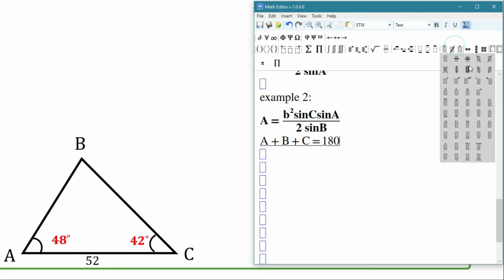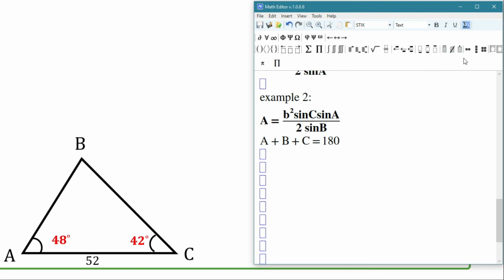180 degrees. Okay, since we are given that angle A is equal to 48 degrees, so we'll have 48 degrees plus, since we are after the value of B, we'll leave B as it is, plus the measure of angle C, which is 42 degrees, equals 180 degrees.